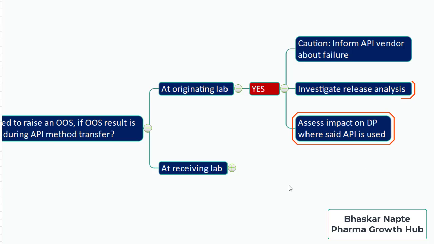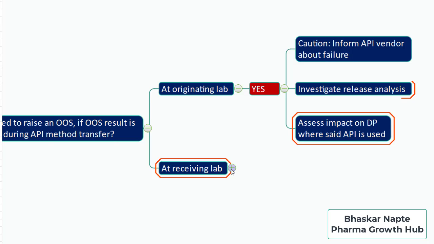In case the out of spec result occurs at the receiving lab, now this is the lab which is handling this test procedure for the very first time, and they do not have much experience of handling this particular test procedure.